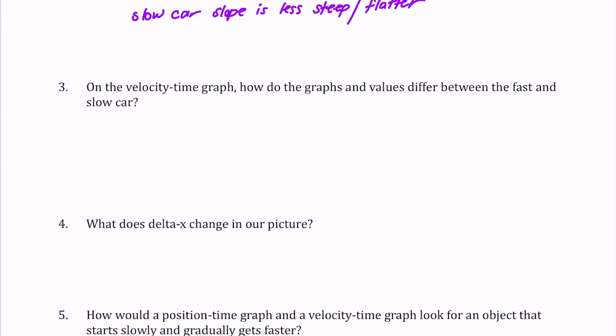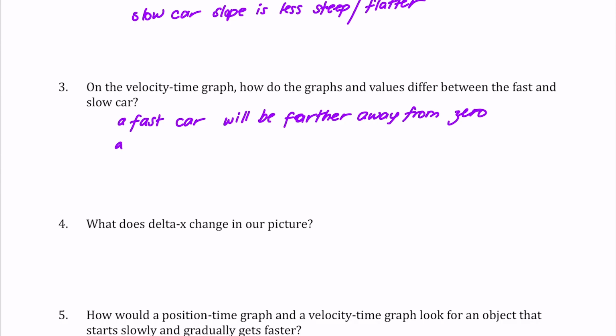All right, on number 3, on the velocity time graph, how do the graphs and values differ between the fast and slow car? So a fast car will be farther away from 0. And so on the velocity graph, it's just going to be higher up or just further away from 0. And then the slower car is going to be closer to the time axis.